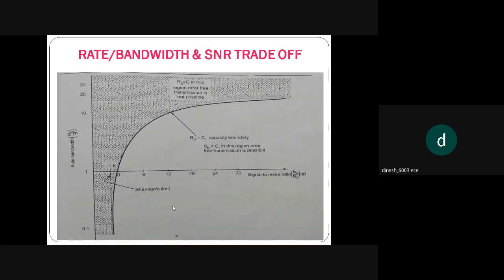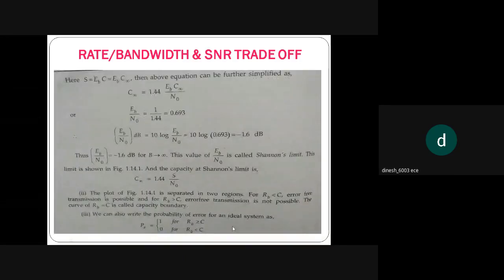Beyond this, we have no errors, which we call error-free transmission. Below this 1.6 dB, we have many more errors. So minus 1.6 dB in signal to noise ratio is your Shannon's limit, and for this the capacity is 1.44 times the signal to noise ratio. This is what is plotted in the diagram.